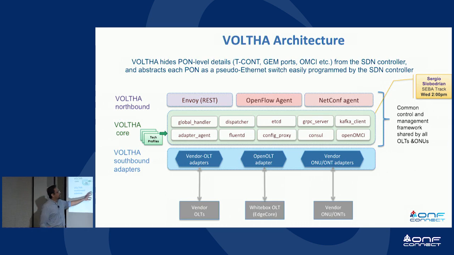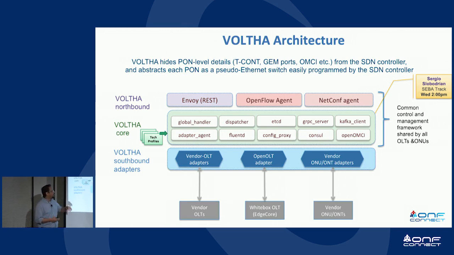Also, there's a potential that VOLTHA can be used not just for GPON or XGS-PON based networks, but also for GE-PON based networks and G.fast based networks. The idea is that these are all different kinds of access technologies, and while they may be doing things very similarly, they do have differences, and they do have different terminologies.